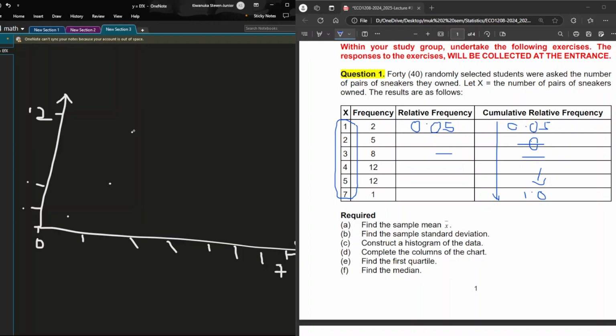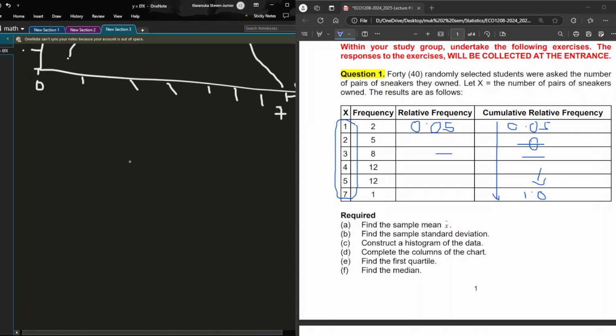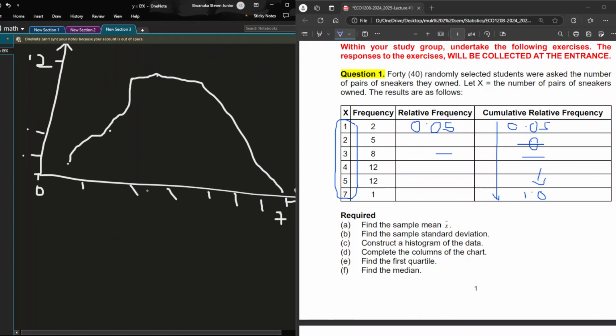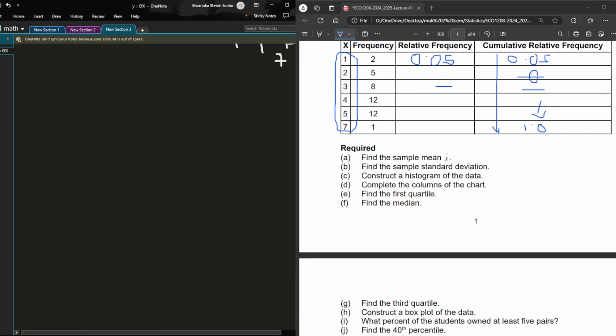Then you join these points using your free hand and straight lines, and that is how it will look. I'm using a mouse on a computer, so it won't be very accurate.